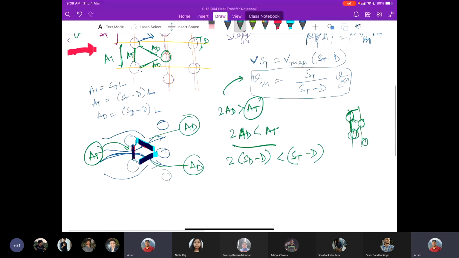In that case, the velocity we will accordingly calculate. The Vmax would be ST, by the same understanding, multiplied by the free stream velocity.